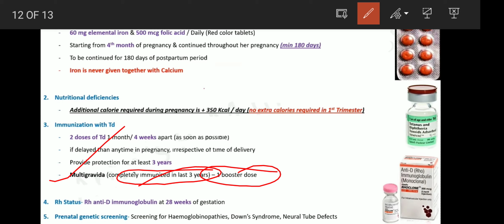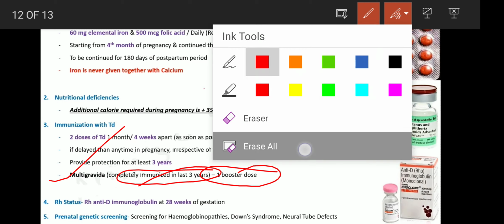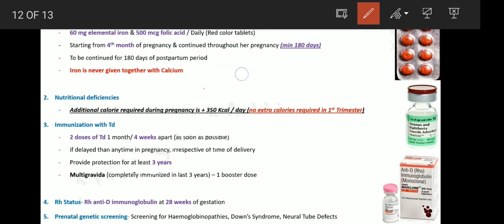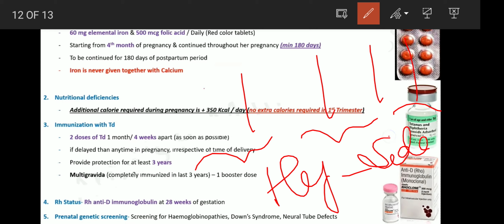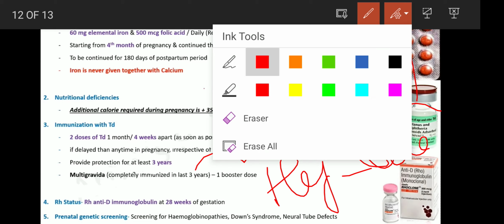So it is advised not to inject tetanus toxoid at every subsequent pregnancy, because hyperimmunization and side effects can occur. So tetanus toxoid has to be given only as a booster dose for the women who are immunized previously.